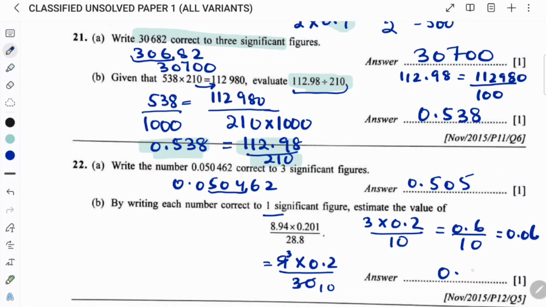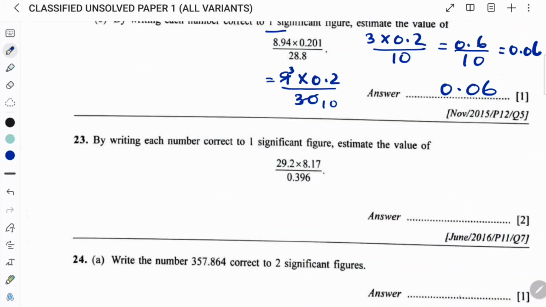All right, the next question, writing down each number to one significant figure. Almost the questions are the same now. So 29.2 is 30, times 8, because 17 is only 8 to one significant figure, and 0.396 is 0.4. 8 divided by 0.4, you know, that is 80 by 4, which is 20.